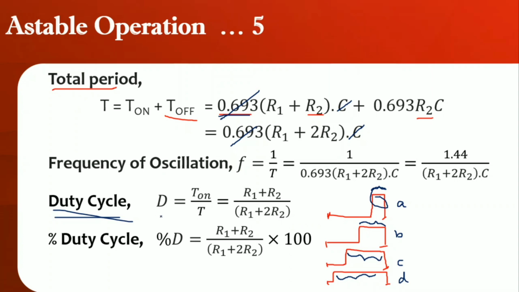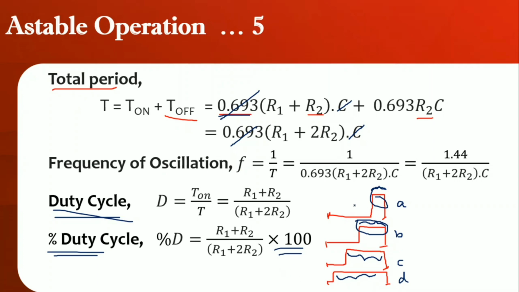This is what duty cycle defines: the amount of time where the signal remains on. If you are expressing the duty cycle as a percentage, you just multiply by 100.